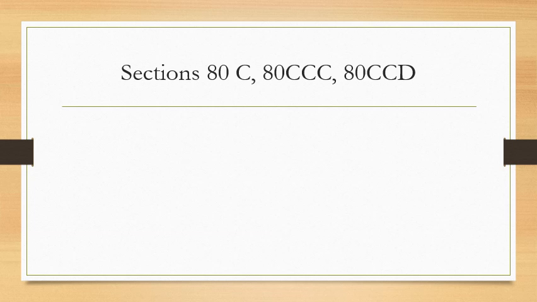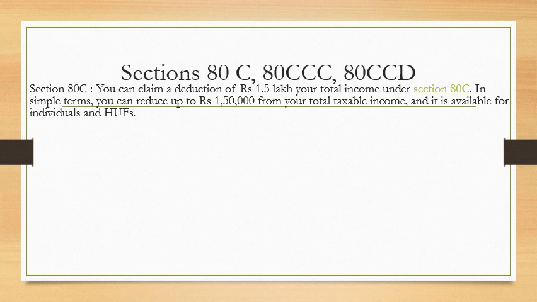What are all these sections under sections 80C, 80CCC, 80CCD? Let us discuss that. 80C is the one section under which you can claim up to 1.5 lakhs, and these are the things that I can put under 80C: Employee Provident Fund (EPF), Public Provident Fund (PPF), LIC premiums that I pay, children education loan that I pay, and some of the interest that I earn.